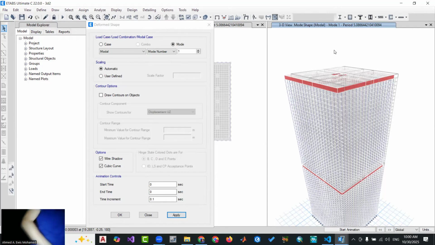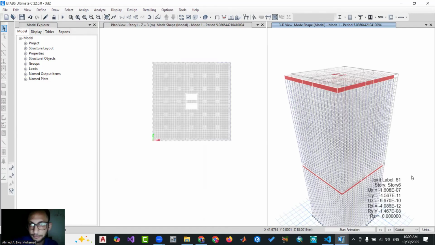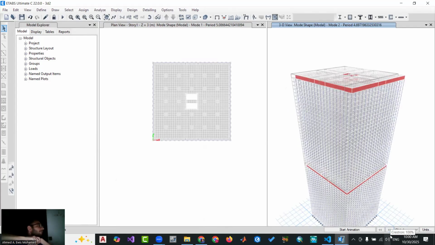This is the last time I told you about this modal analysis. If we go, for example, to mode 2 here, it will be in another direction. And the third one, the last one we will show, is rotation.